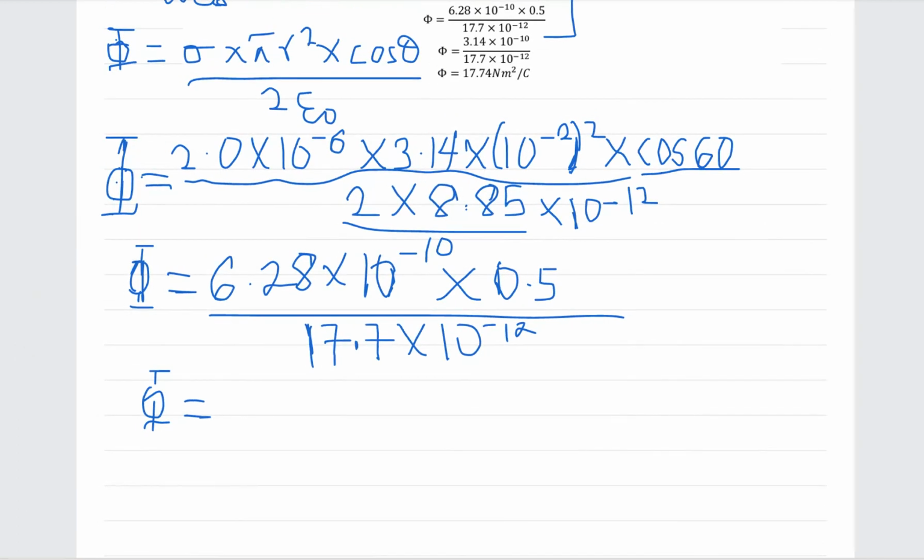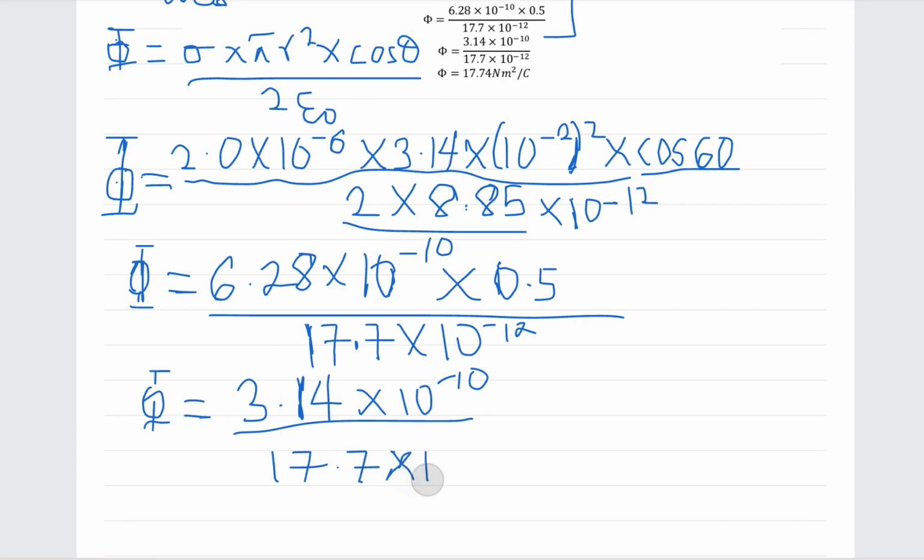That will give you 3.14 multiplied by 10 raised to power minus 10, all over 17.7 times 10 raised to power minus 12.